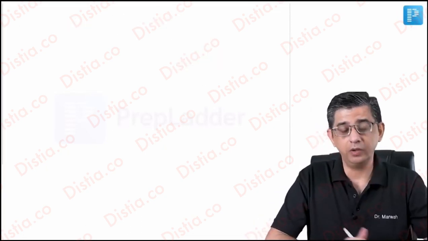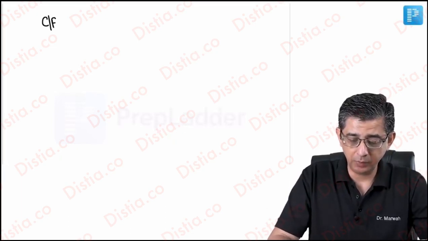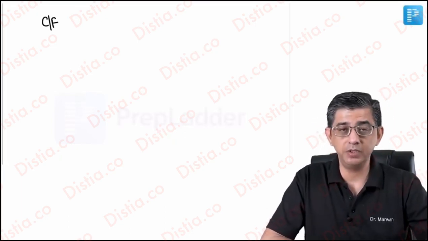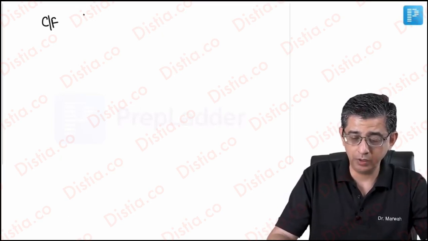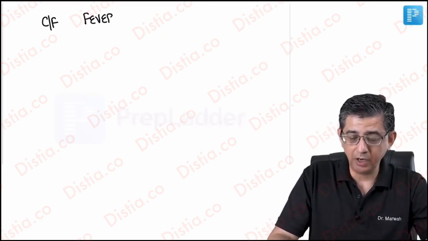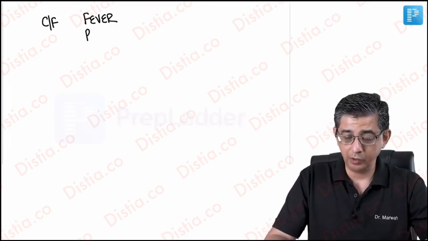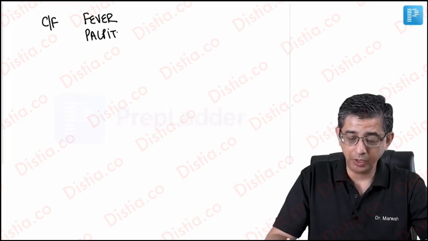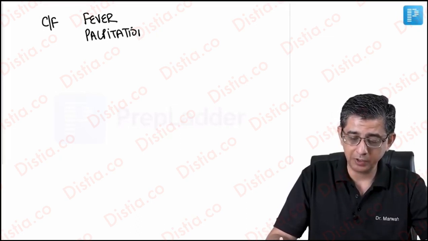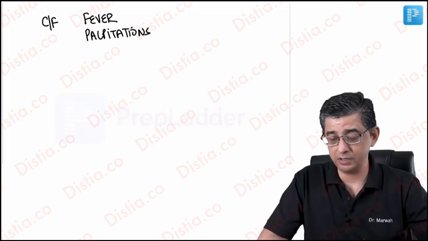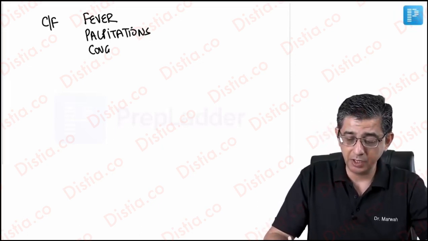Now, having described these organism specific approaches, let's talk about the standard clinical features that can be seen in any patient with lobar pneumonia. The patient would be having high grade fever. In fact, because fever contributes to tachycardia, most patients will definitely describe some kind of chest discomfort, even palpitations.